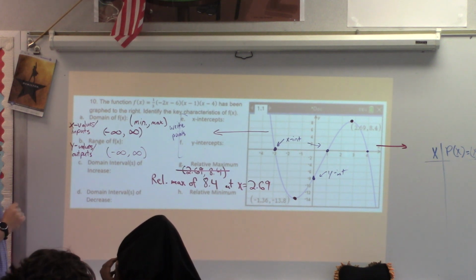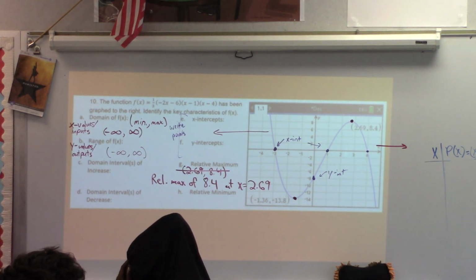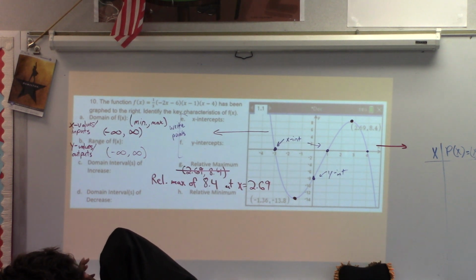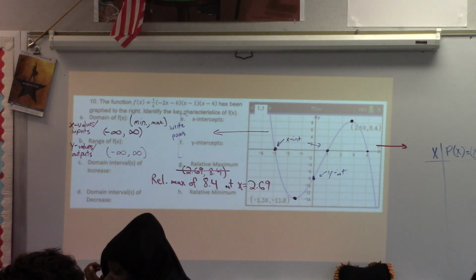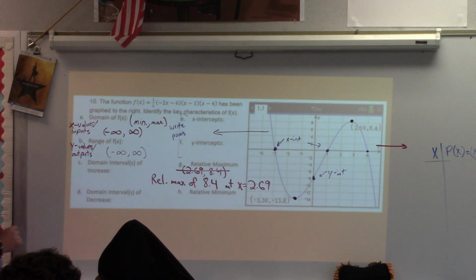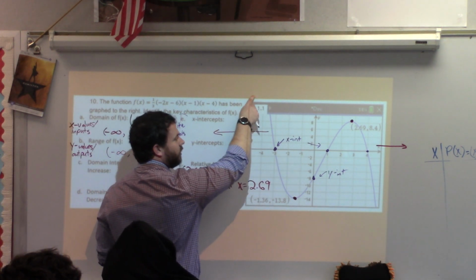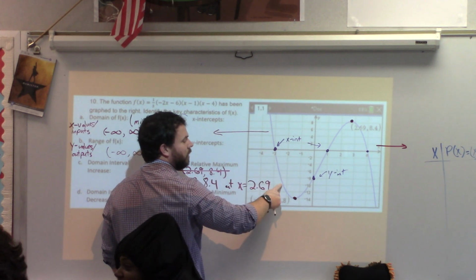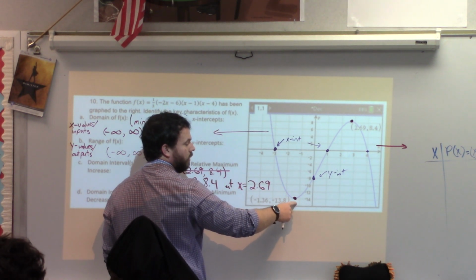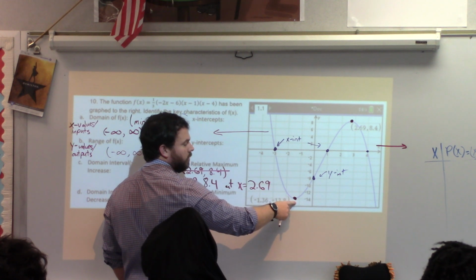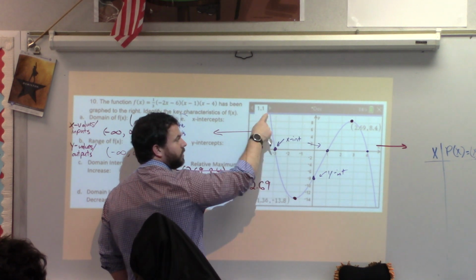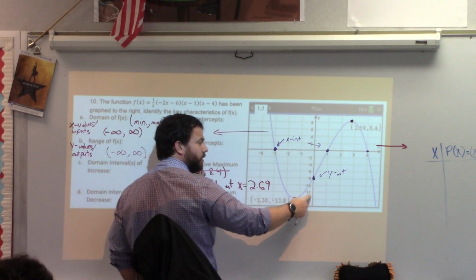What I want to focus on for just a second is the domain intervals of increase. Does anyone remember what I said would be the first thing I would do when identifying intervals of increase and decrease? I would identify it on the graph. When I read a graph left to right, what is this function currently doing? Decreasing. Where does it stop decreasing? Right there. What's that point called? The relative minimum. The whole point of a relative minimum is it stops decreasing and starts to increase.